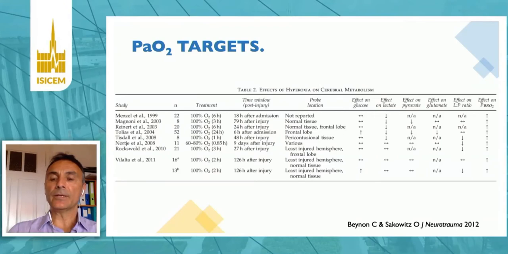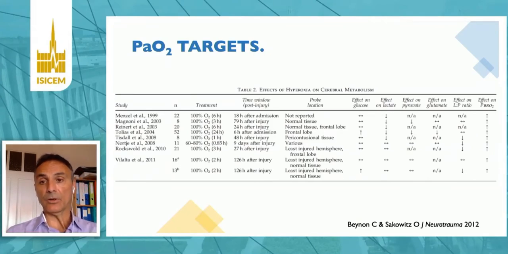But what I found very interesting here in this summary is that in most studies, short-time hyperoxia was associated either with no major disturbance in cerebral oxidative metabolism, or actually with an improvement in cerebral oxidative metabolism as manifested by a reduction in the lactate to pyruvate ratio. So basically a benefit on the tissue.